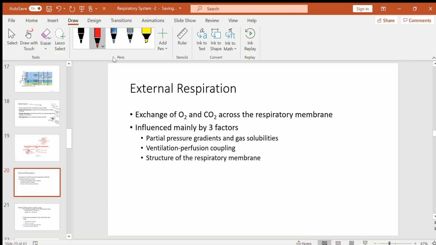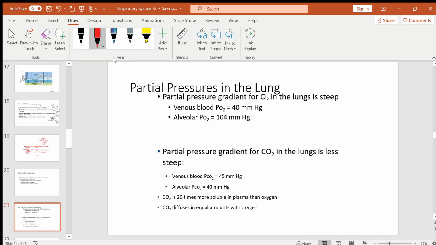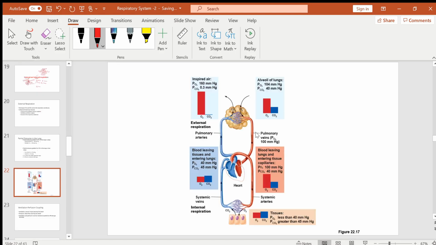So now if you go over these slides, you see the pressure differences I mentioned here. Make sure you go over them. In the lung, oxygen in the alveolus is 104, and oxygen in the blood is only 40. So the difference is 64.